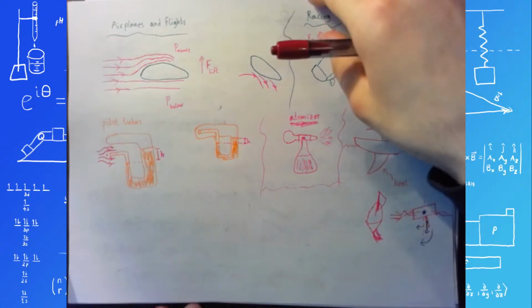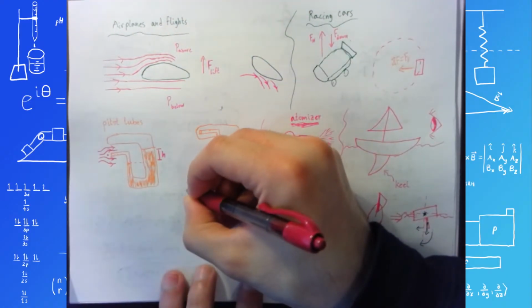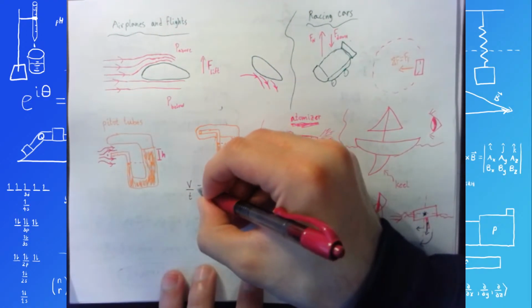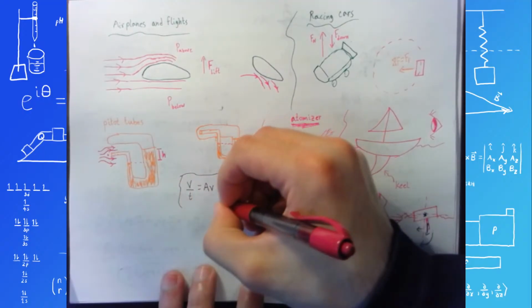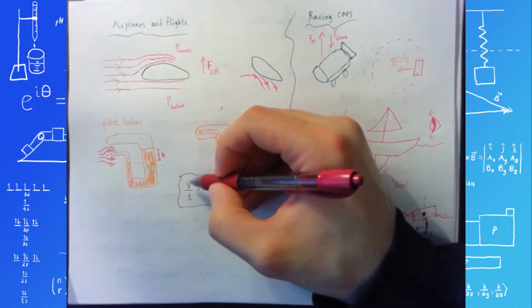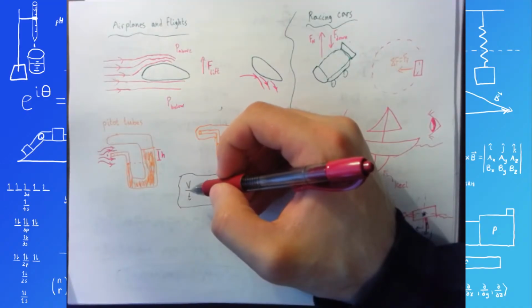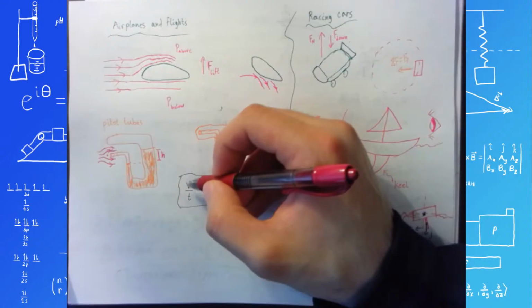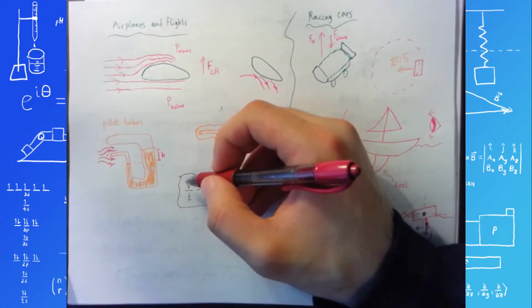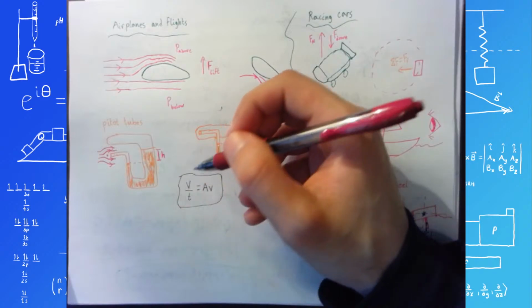Okay, so we already said flow rate, volume over time, is equal to area times velocity. So you would just want to convert the volume. They gave it in gallons, 20 gallons of water in 30 seconds. I would convert the gallons to cubic meters, which would be the standard units.